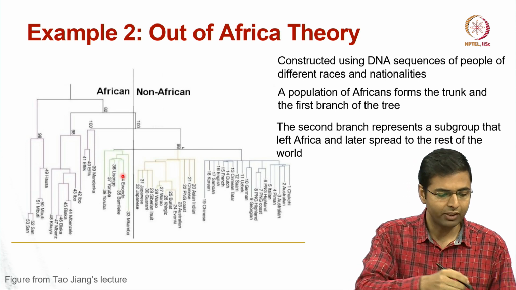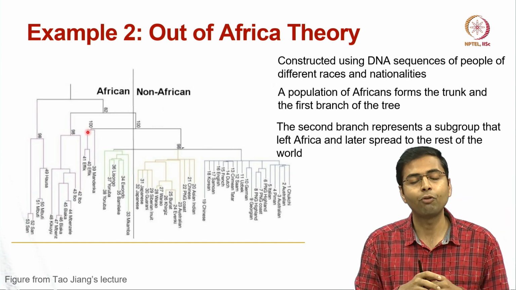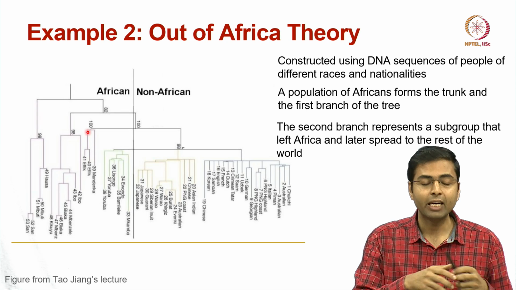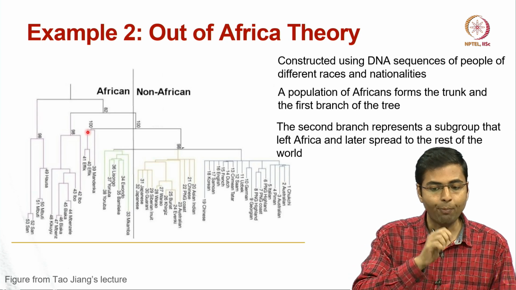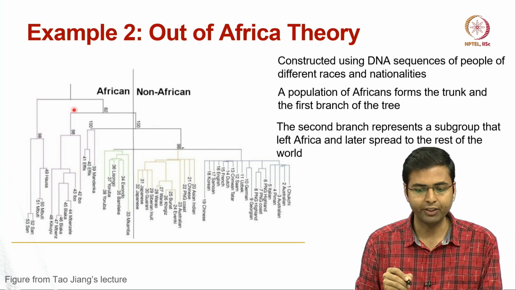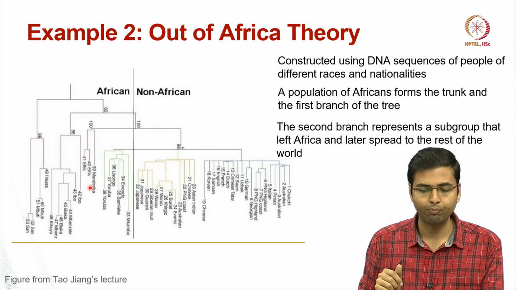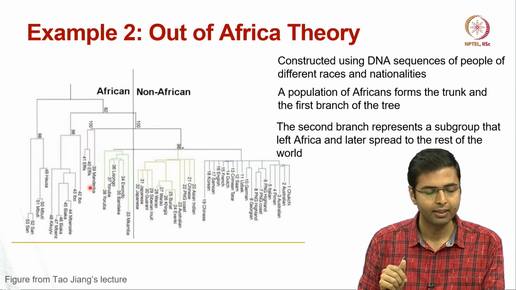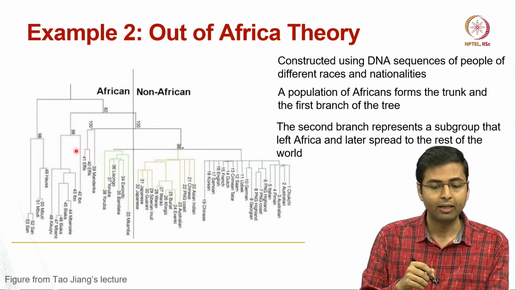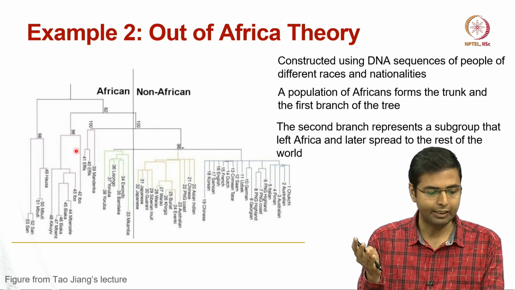Because of this topology where you have a complete clade forming from African individuals, one can infer that a population of Africans forms the trunk of the tree, and the first branch of the tree emerges from the African population. The second branch of this tree represents a subgroup of the people who left Africa and later spread to the rest of the world.